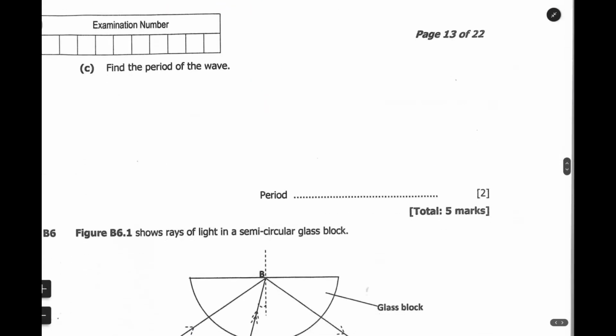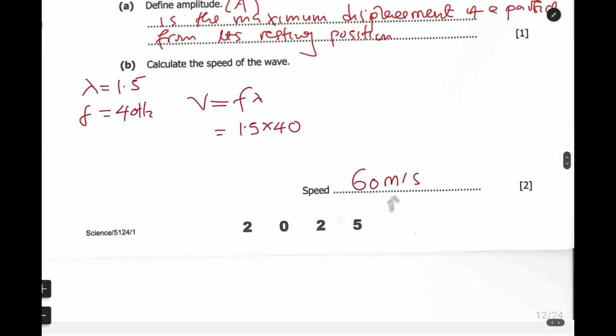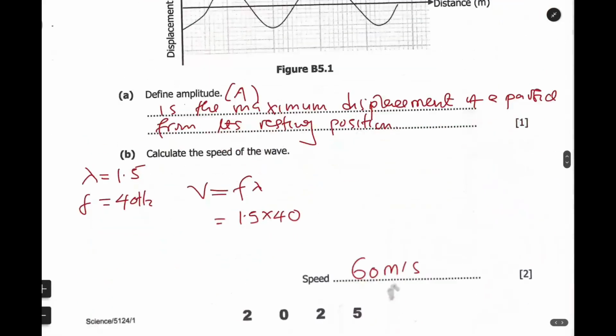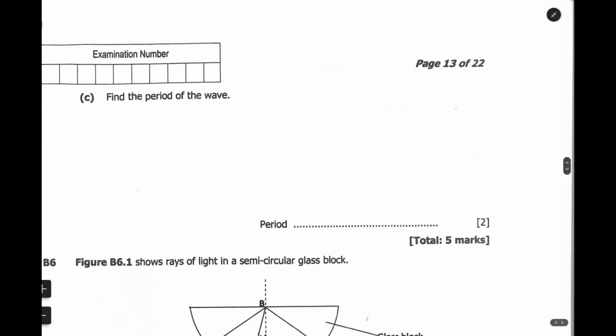Find the period of the wave. That is question C. What are we given? Here in the question we are given the frequency. There is a relationship between period and frequency: period is equal to 1 over frequency.